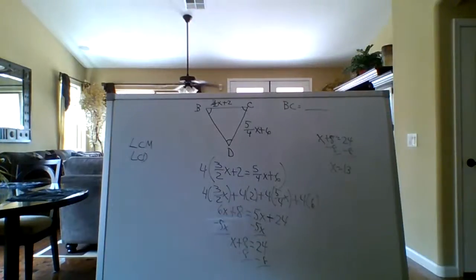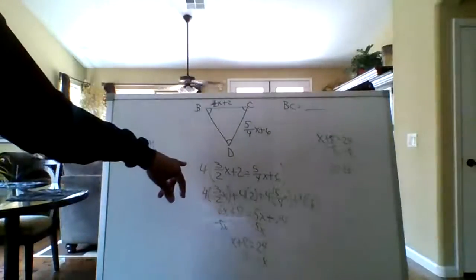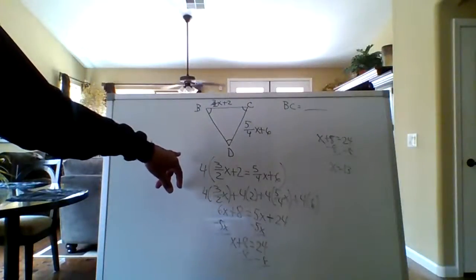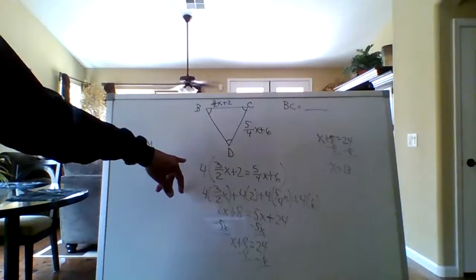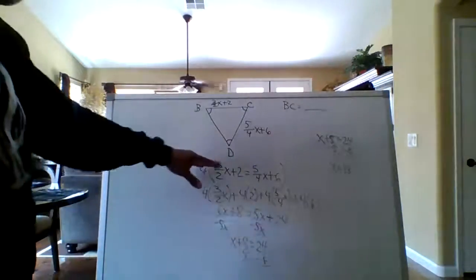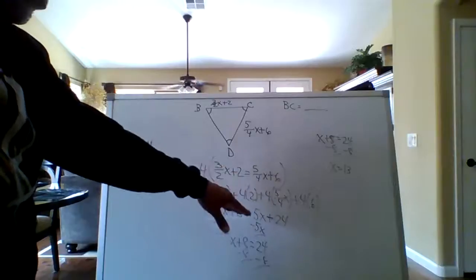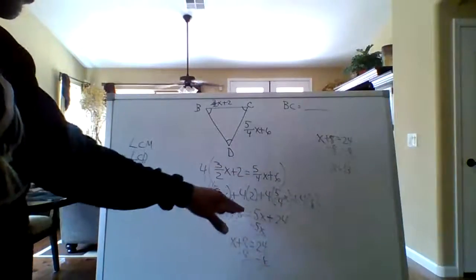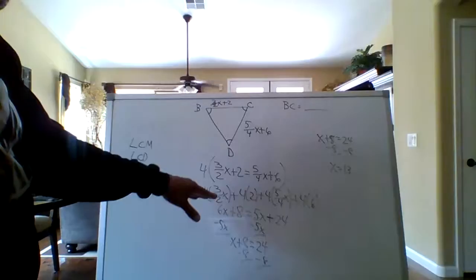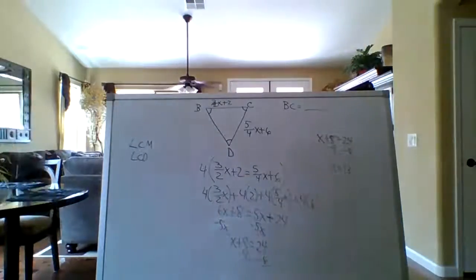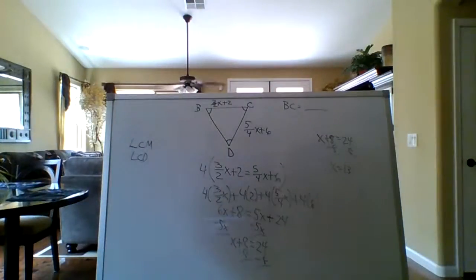Okay, so we have 3/2 x plus 2, 5/4 x plus 6. So 4, that's 12, 6, 8, 5, 24, subtract, 24 minus 8, and I made a mistake.